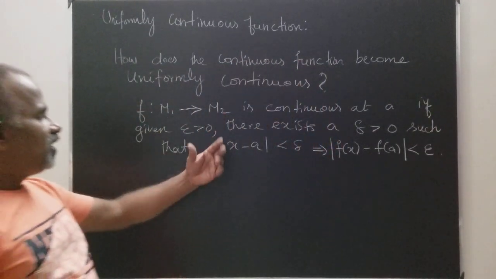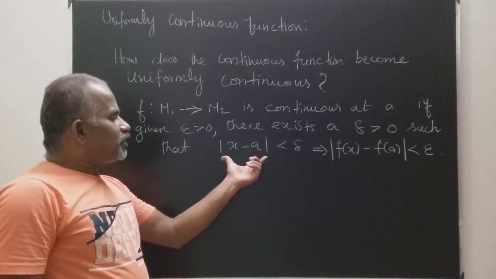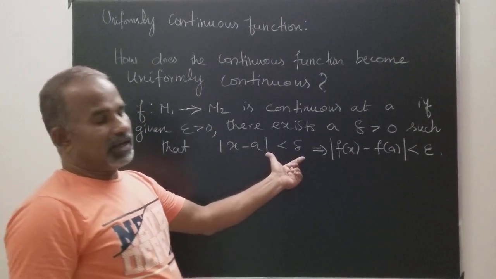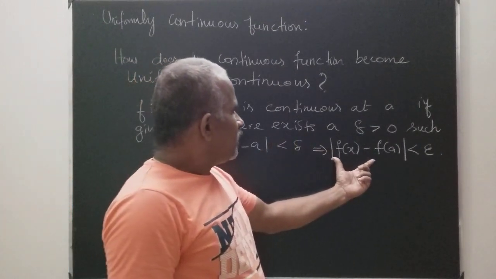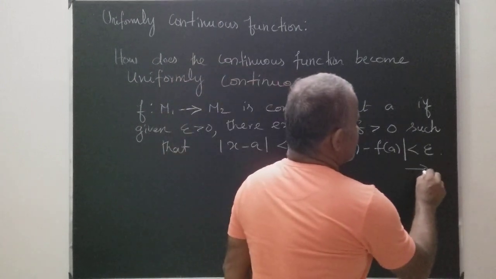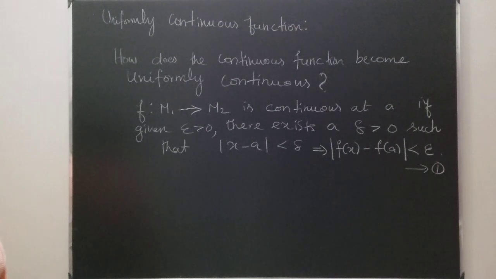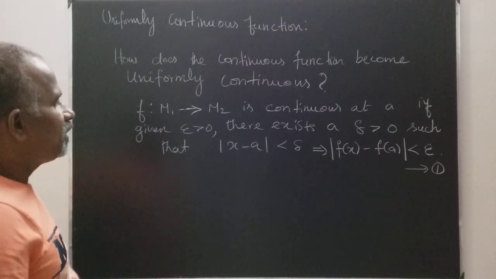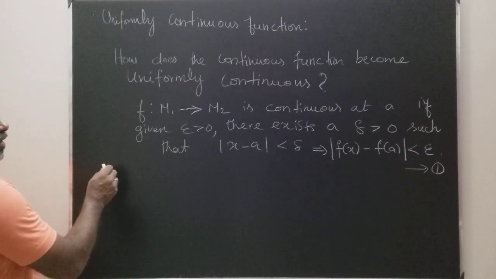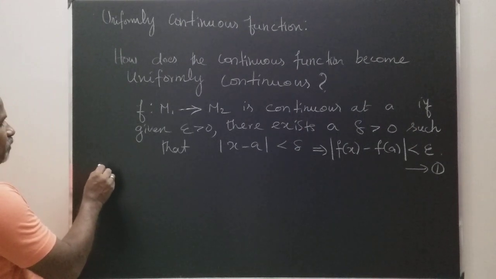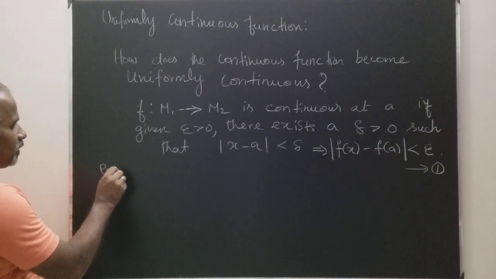That means whenever mod x minus a is less than delta, this inequality, equation 1, is satisfied.